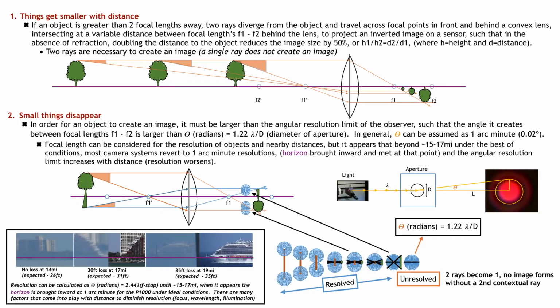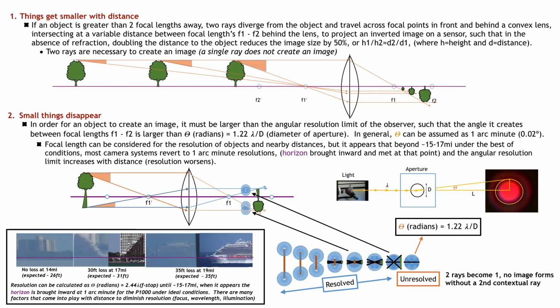The angle of light created on the back of the sensor gets smaller and smaller with height, and at a certain point, the two diffraction patterns of that light being scattered through the aperture reach a point where you cannot resolve the distinctness or the differences between the two rays. At that point the image is lost, because we need two rays to create context for an image, and if we don't have that context, we do not create an image.